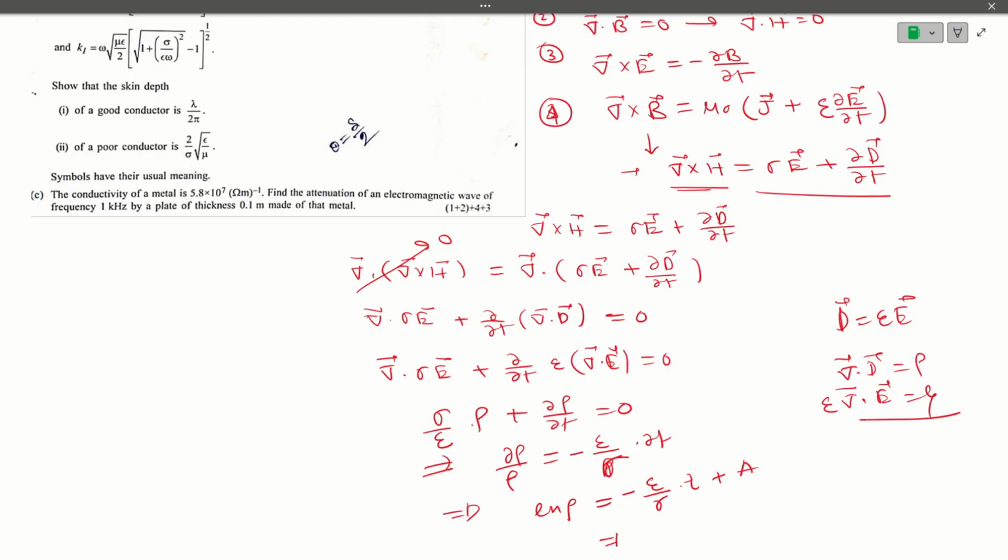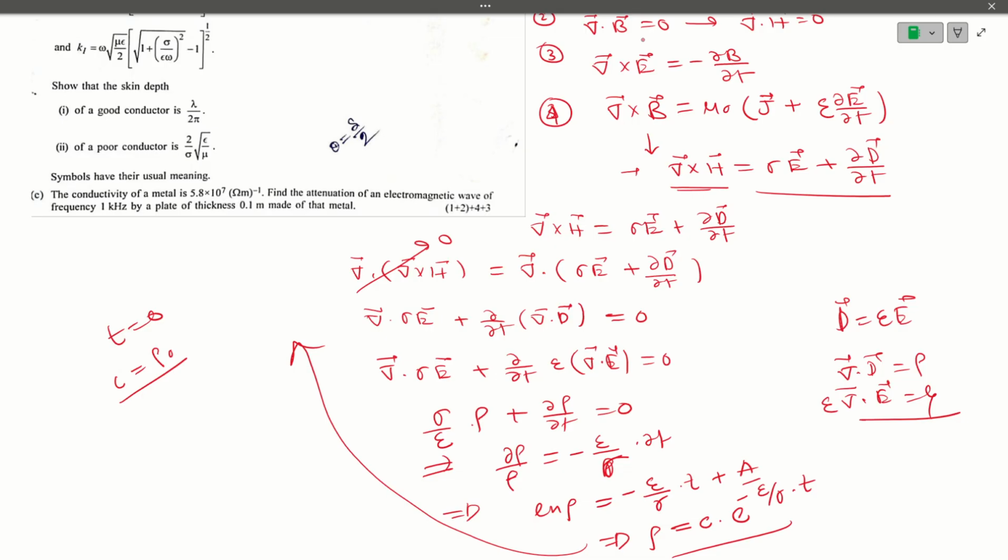Okay, so after that rho is nothing but some constant. If we take the exponential, then constant c times e to the power minus epsilon by sigma into t. So if we put t equals 0, we get the constant c, which is some rho 0.